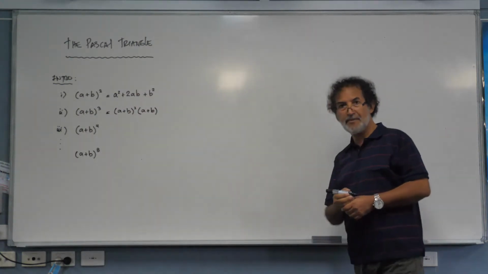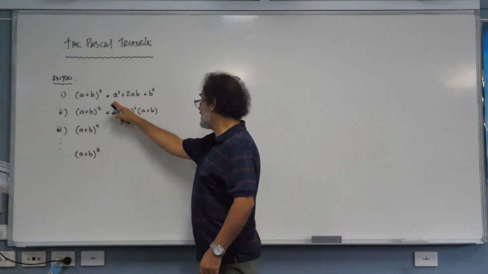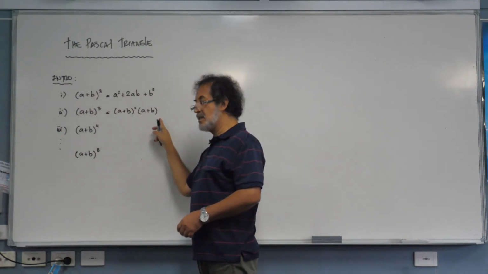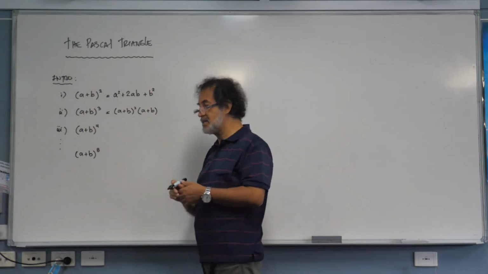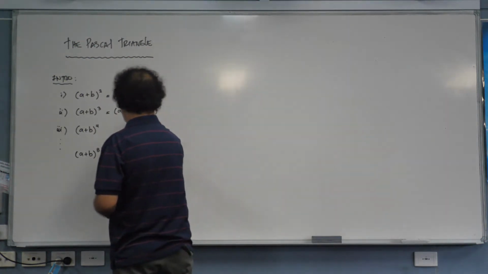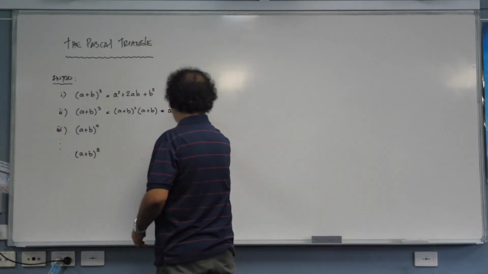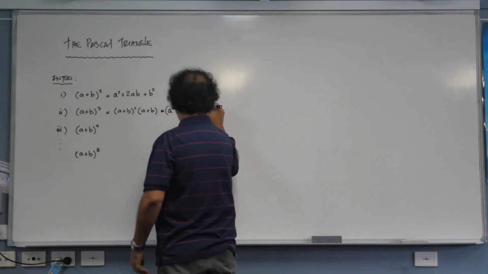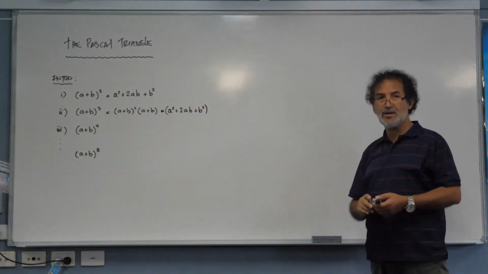Do you understand that? And we already have the answer for (a + b) squared, so we're going to write it down in here: a squared plus 2ab plus b squared.